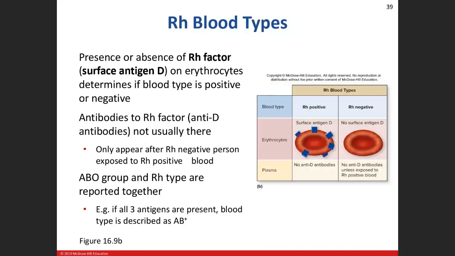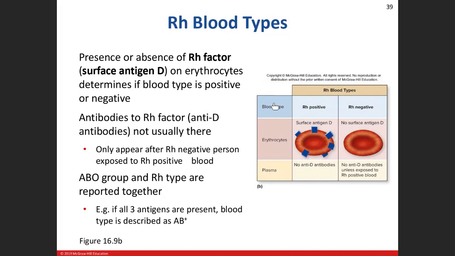Pictures always help. So RH positive person has the surface antigen, but no antibodies. The RH negative person doesn't have the surface antigen and will not have the antibodies until they're exposed to an RH positive blood type. Okay. Keep that in mind.